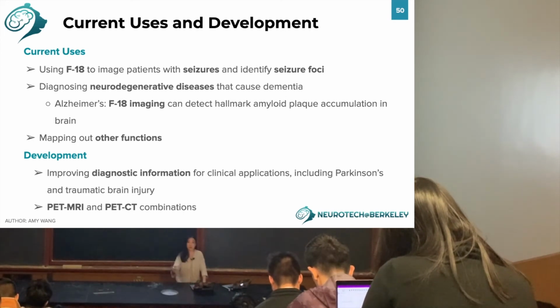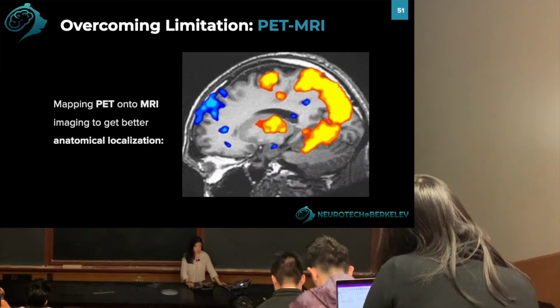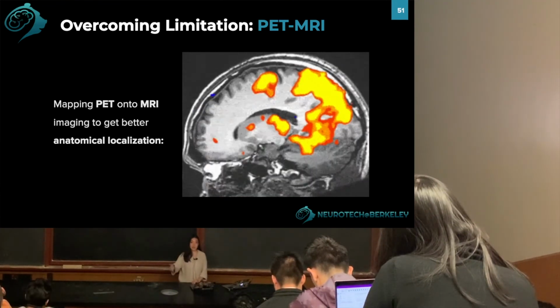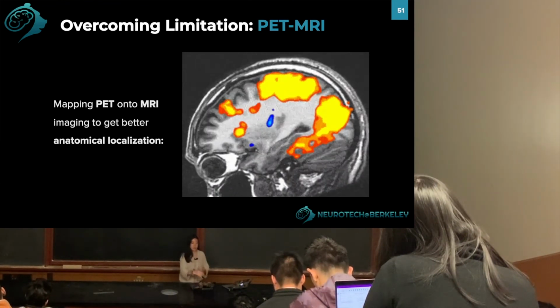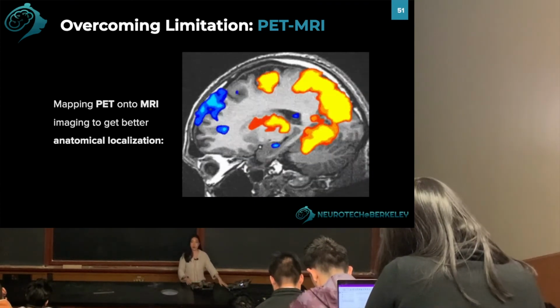And then in terms of development, what's coming for the future, there are improvements all the time for diagnostic information for clinical applications, and also combining PET with MRI and CT scans. For example, this is mapping a PET scan onto an MRI. MRI obviously has really good anatomical localization, PET scans don't, so putting these together gives you a really good idea of what's going on in the brain.